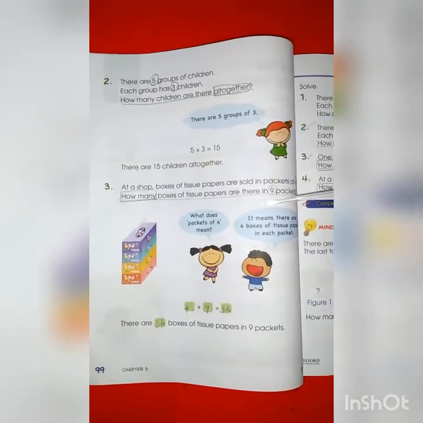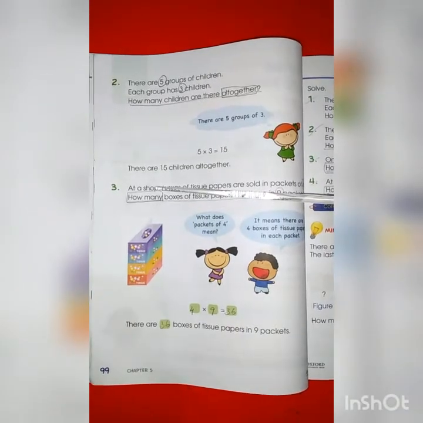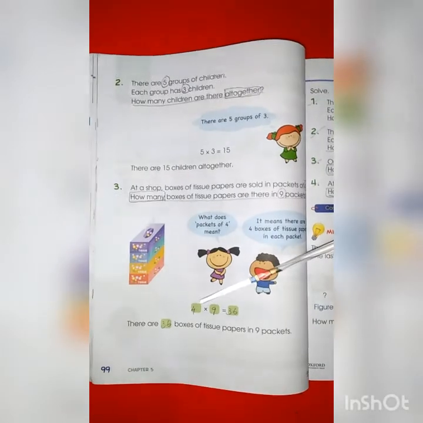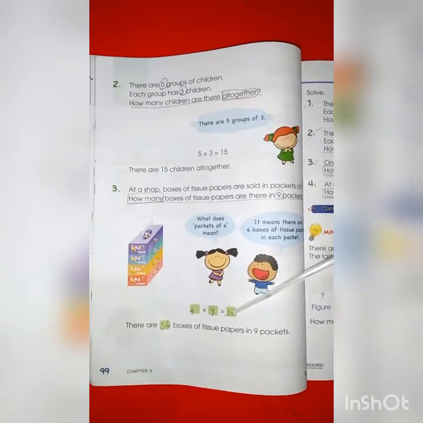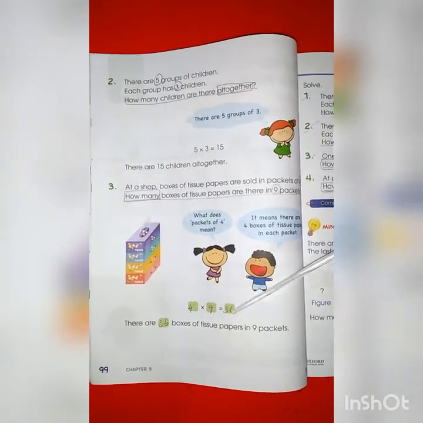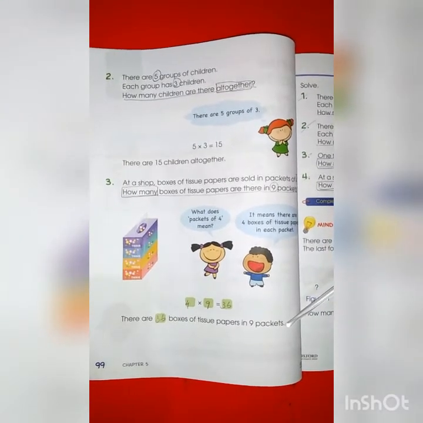Then we will underline the question, and box the keyword how many, and then we will find the solution. When we multiply 4 with 9, we will get 36. 4 9s are 36. 4 9 times is equal to 36. There are 36 boxes of tissue papers in 9 packets.